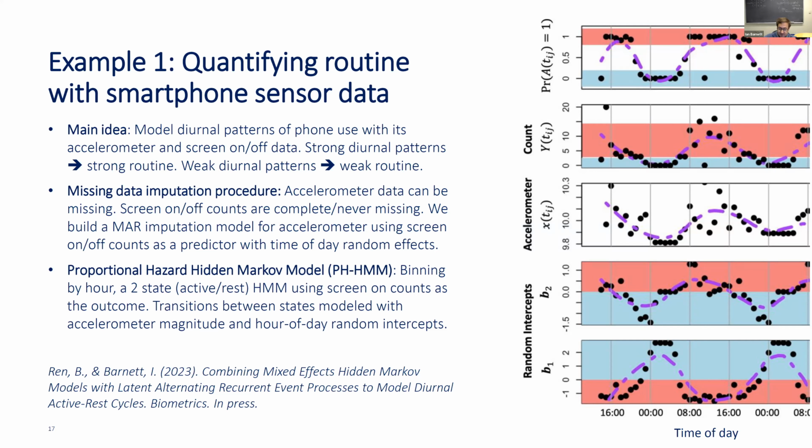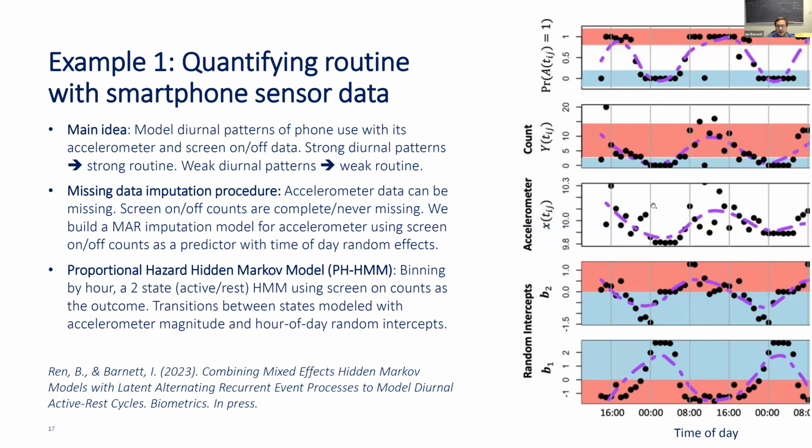That is the truth of it, and that is never missing. So if you have a data stream which is complete, such as screen activity, and then we have an accelerometer which has sporadic missingness, and they're correlated. If you're using your phone a lot, the accelerometer is picking up a lot of motion. This forms the basis for a great imputation.